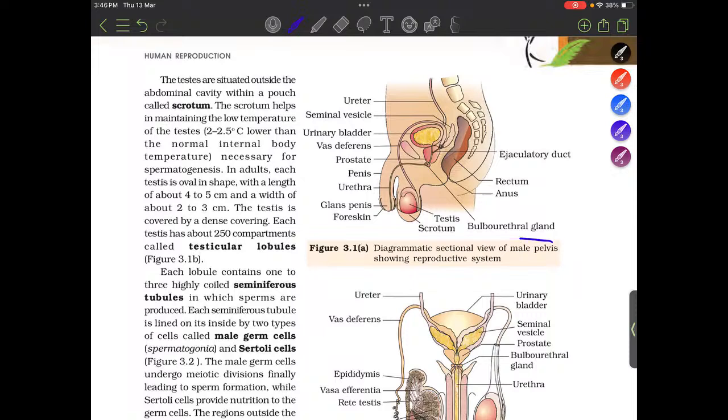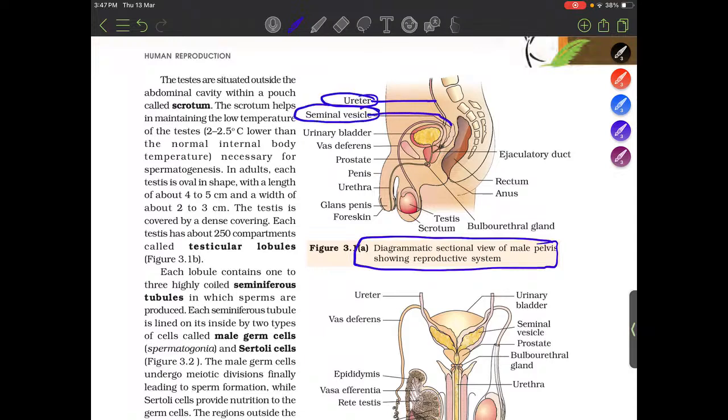So this is a diagrammatic sectional view of male pelvis showing the reproductive system. This is ureter, this is seminal vesicle, this is urinary bladder, and this is vas deferens, this is prostate gland, and this is penis, this is urethra, and this is glans penis, and above glans penis is a foreskin.